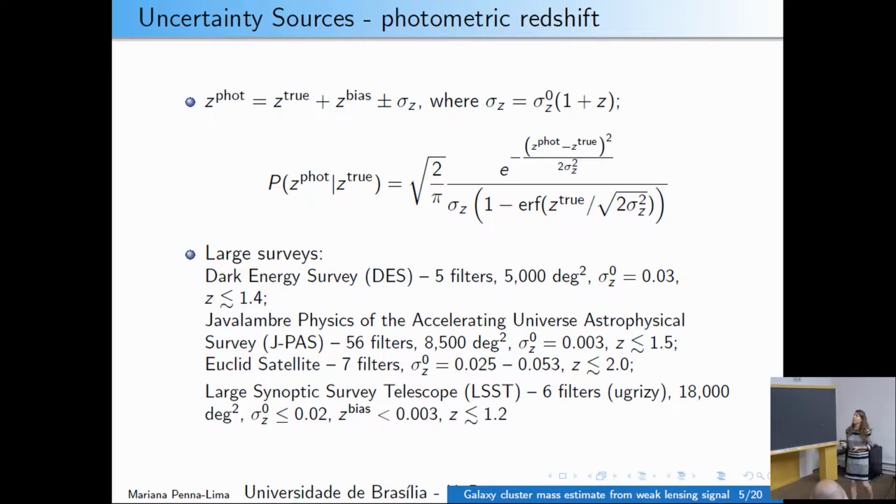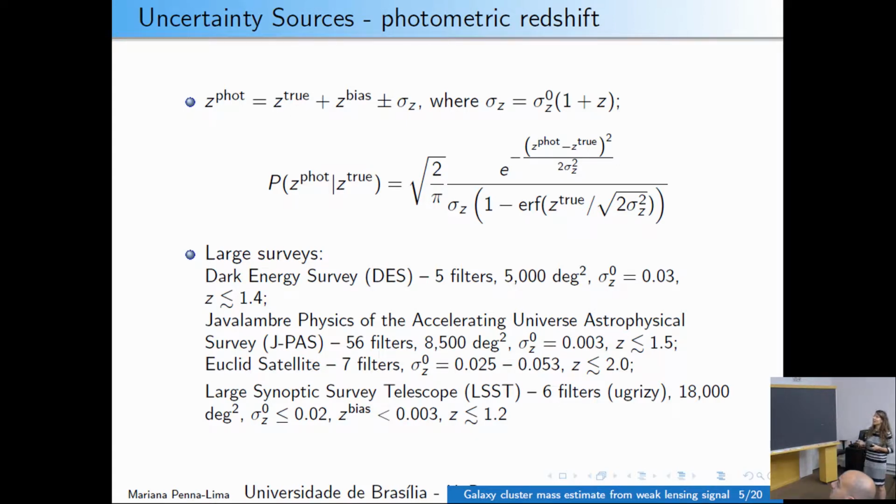So here we have some numbers from large surveys, such as the Dark Energy Survey, which performed the measurements using 5 filters, okay? And the sigma is of order 0.03. This is for galaxy clusters, okay? This is higher for galaxies.